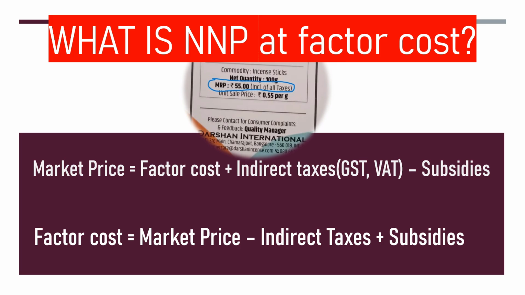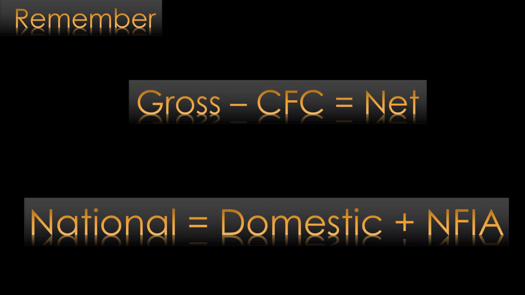All of those costs incurred by the producer are the factor cost. If you add taxes to the factor cost and subtract the subsidy, you get the market price. If we exclude the taxes from the market price, we get the factor cost.